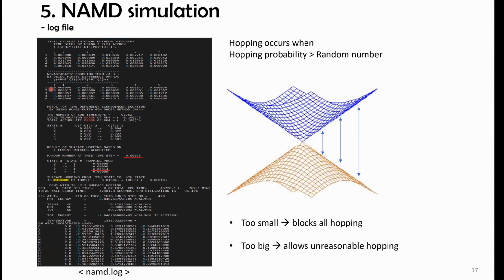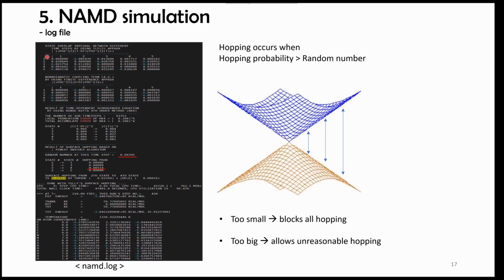So after you submit, you can see the log file. Here, first it calculates the overlap integral and non-adiabatic coupling for the requested states. Actually, this is not butadiene. I just simply took one of my previous calculations.